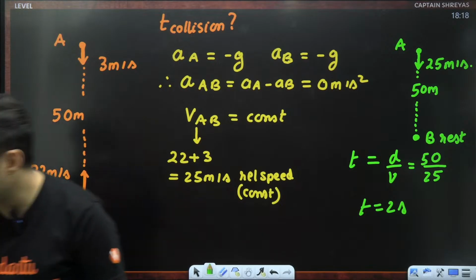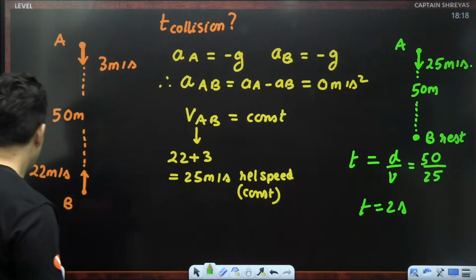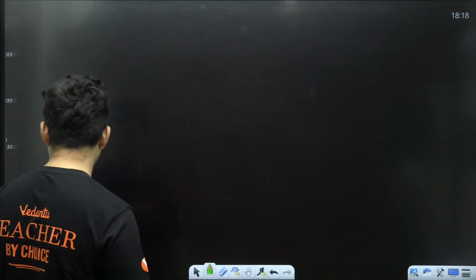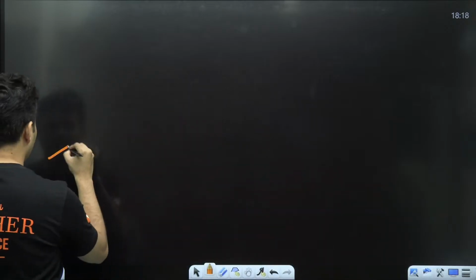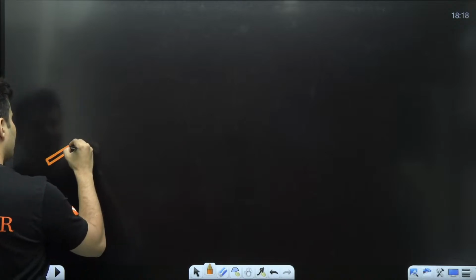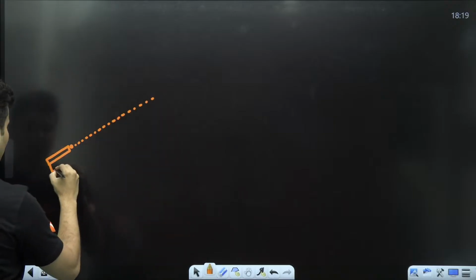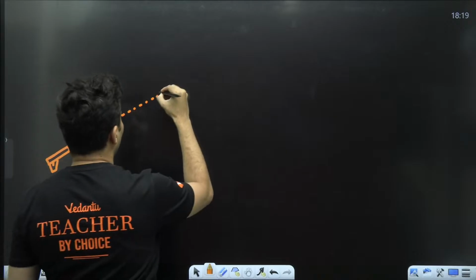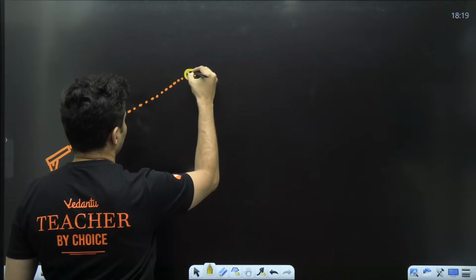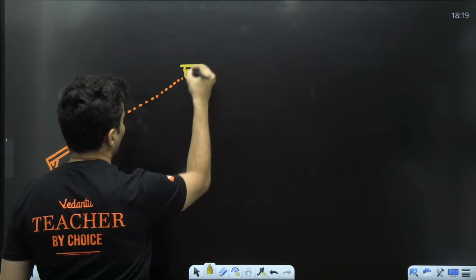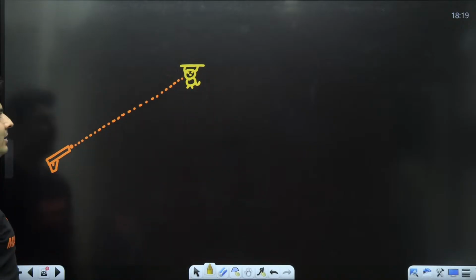Can we do this for projectile also? Everything, anything and everything. Like for example, there is this beautiful question where there is a gun which is aimed directly at this monkey which is hanging from a tree.